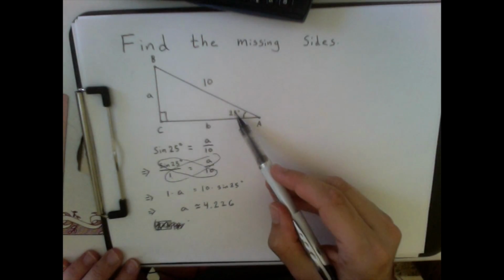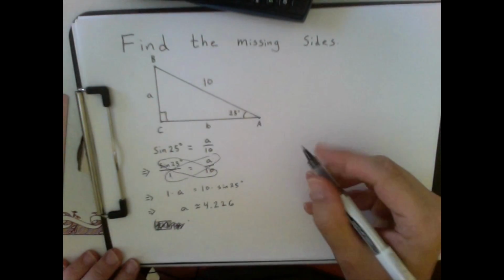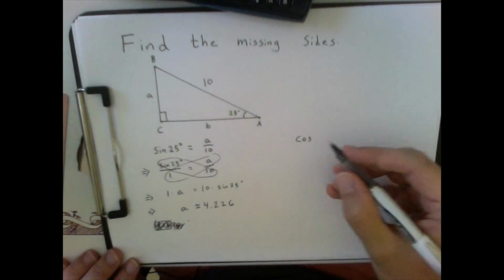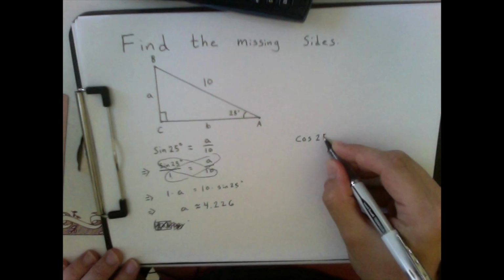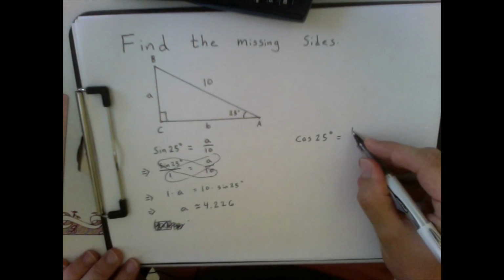Now let's find B. We know cosine is adjacent over hypotenuse. So cosine of 25 degrees is B over 10.